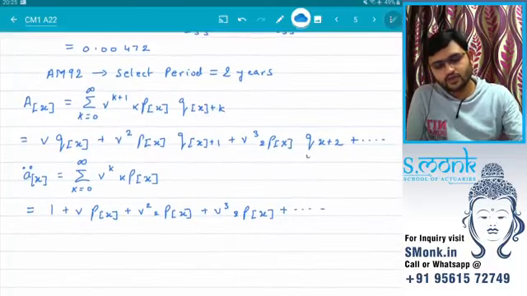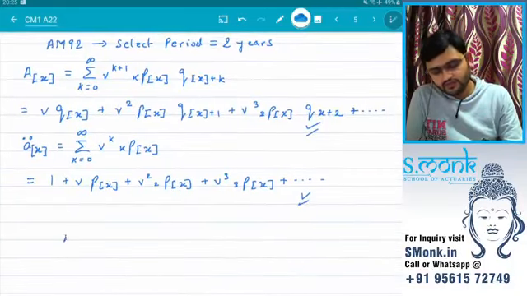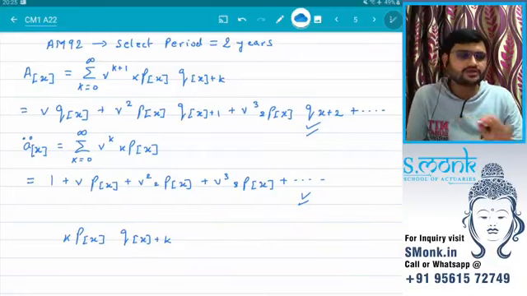Now if I write both of these in terms of l, first of all our kpx, kp select x, q select x plus k. Okay, now forget about select here.